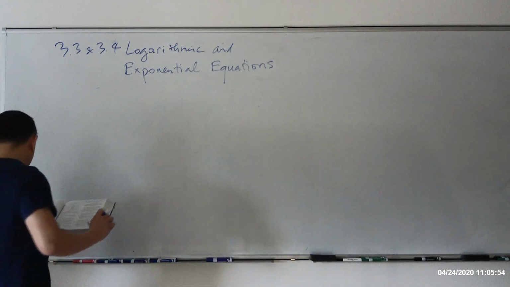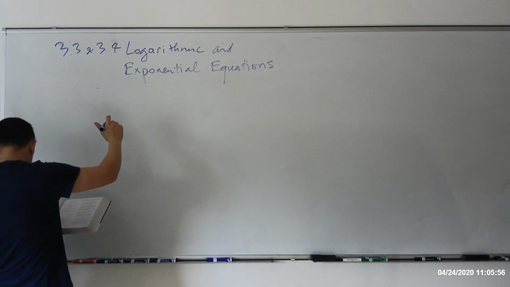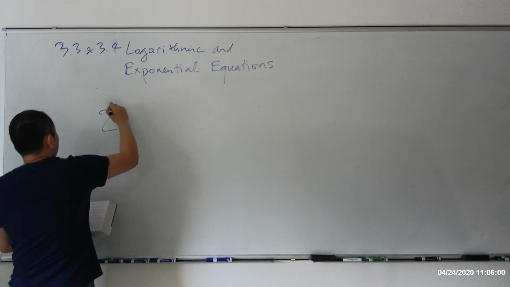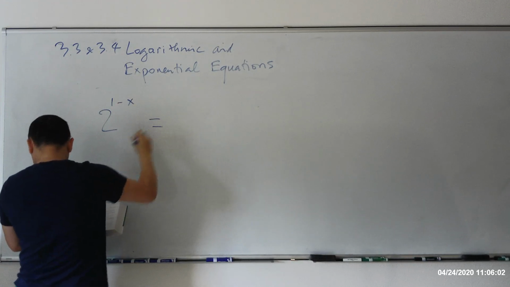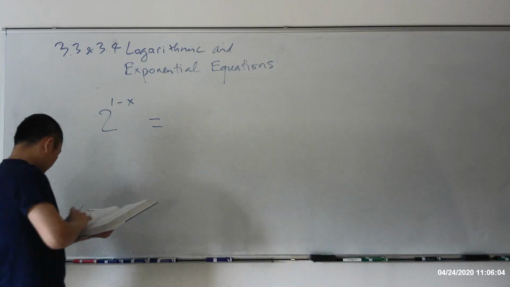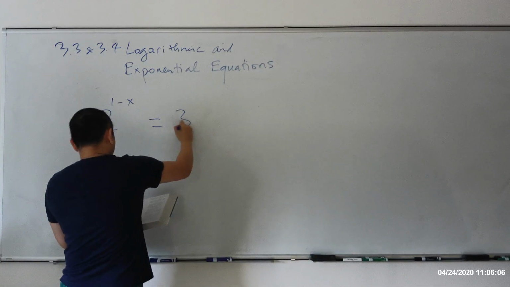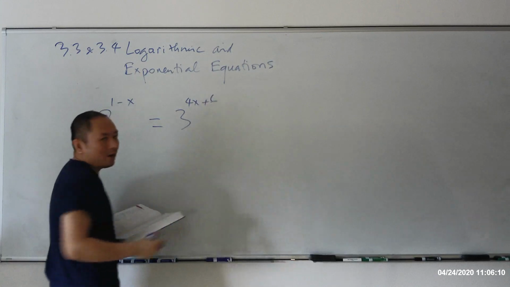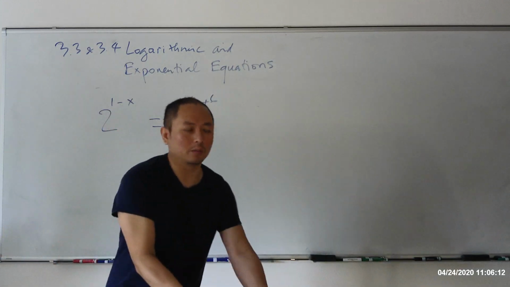We're going to have something like this. 2 raised to the power of 1 minus x equal to 3 to the power of 4x plus 6. I'm just copying an exercise from the book. Put it on the board.